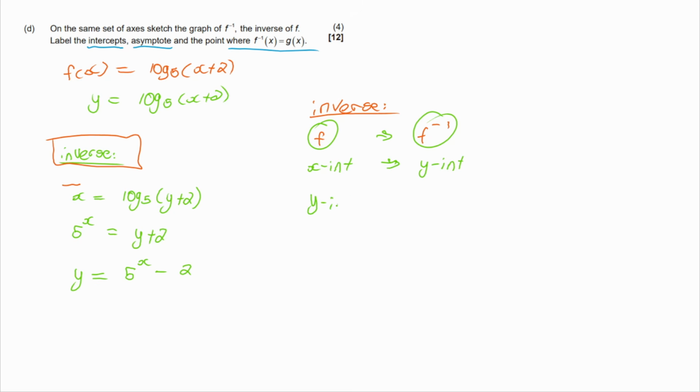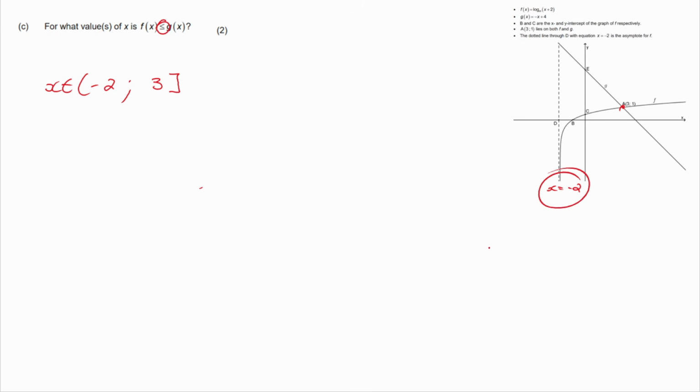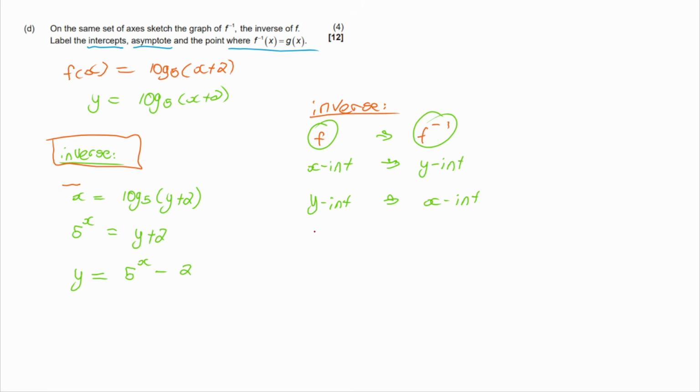What do you think happens with the y-intercept? It becomes the x-intercept of the inverse. What do you think happens to the asymptote? The asymptote for f was x equals negative 2. Remember, because this was over here.